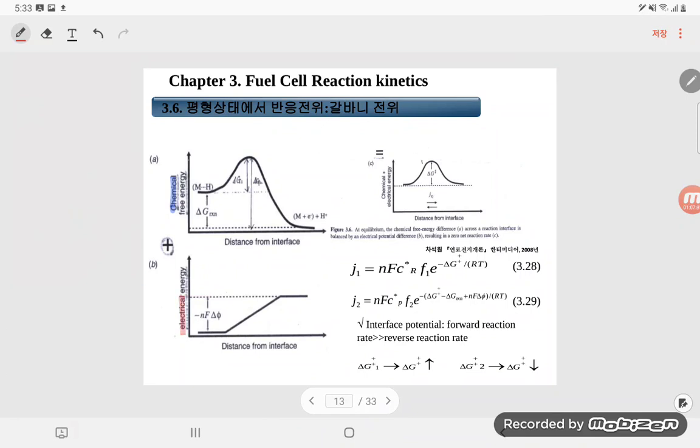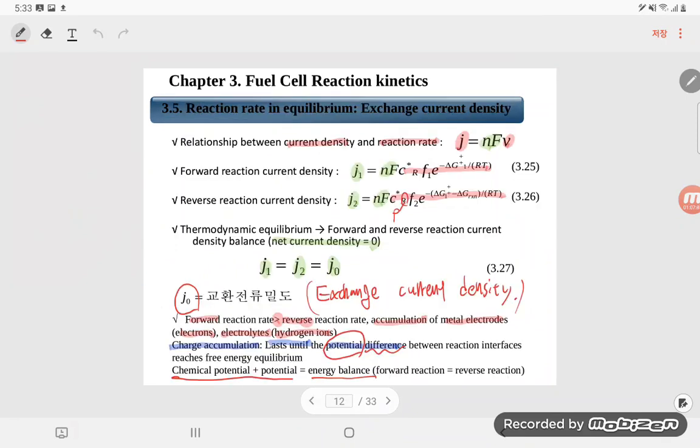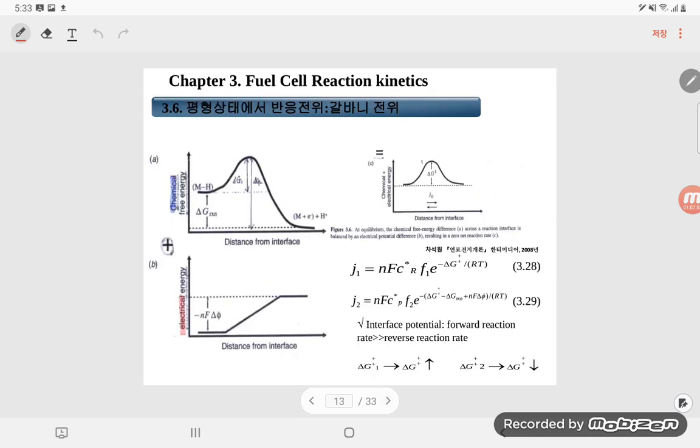As I said, if the forward reaction rate is higher than the reverse reaction, then there should be accumulation of the metal, the electrons and hydrogen, and they make the electrical potential gradient like this one. They have a slope between them, and we know this potential as nF delta pi. Delta pi is the electrical potential.